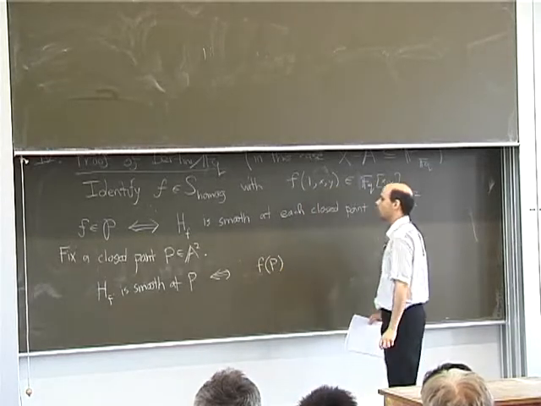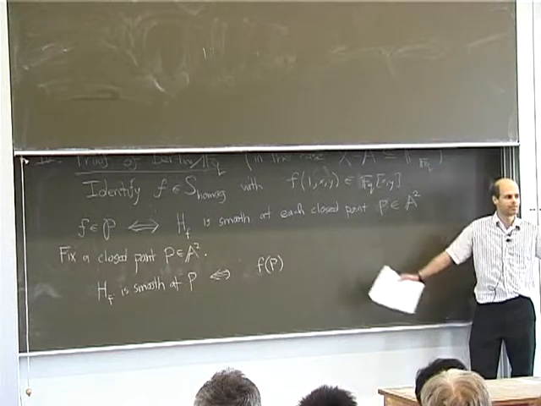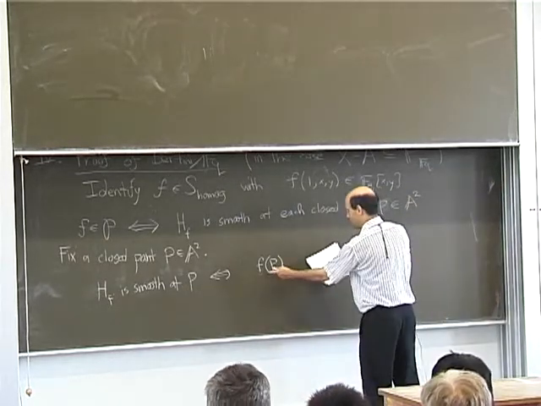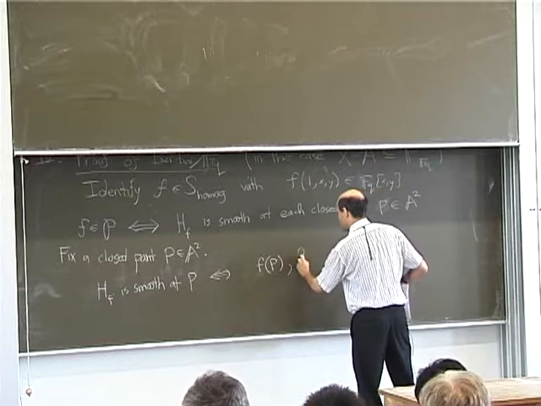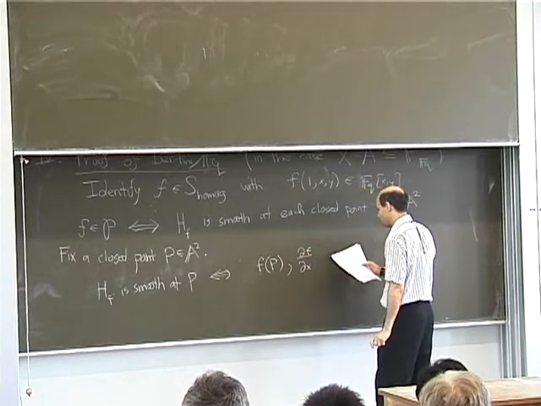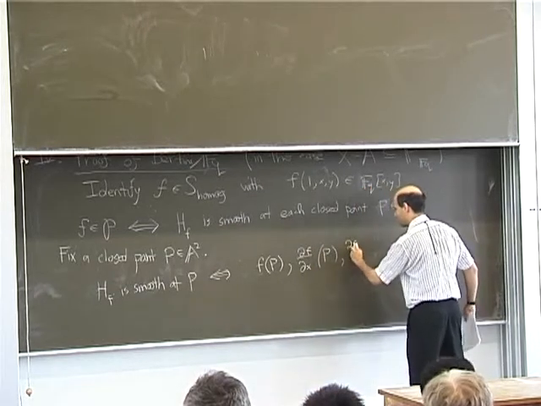First of all, if the curve doesn't go through P, I'll consider it to be smooth at P. Otherwise, to say that it's smooth means that the values of the partial derivatives are not all 0.